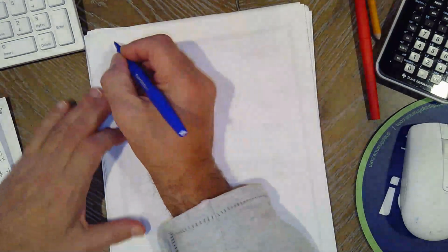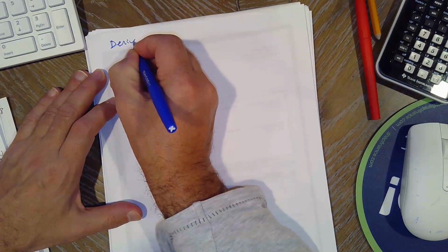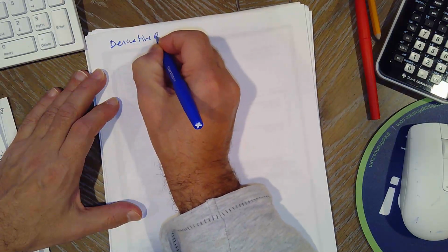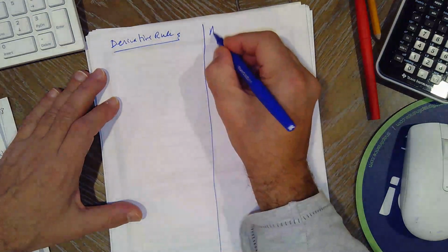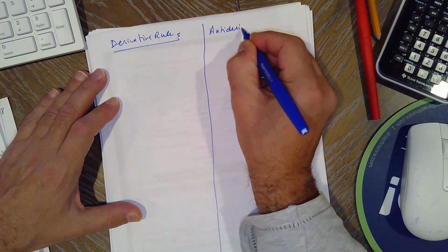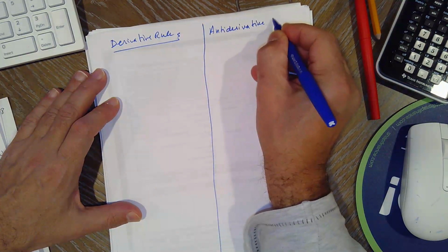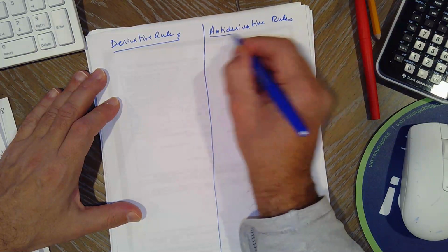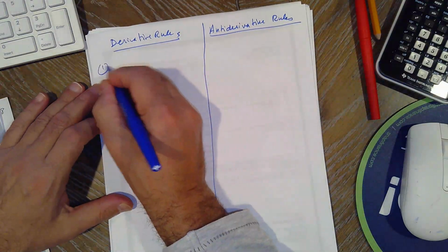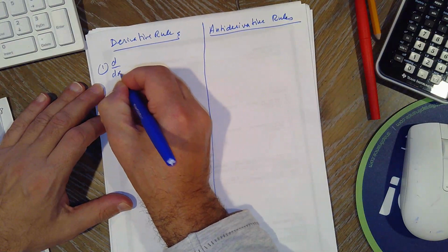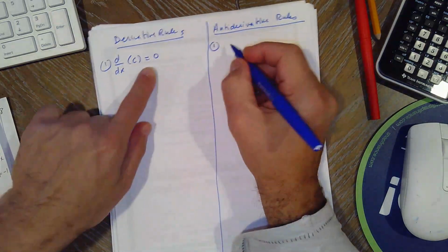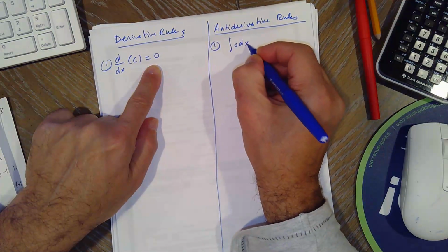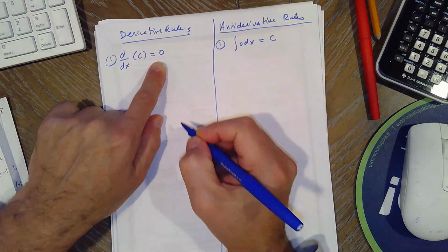So, derivative rules, antiderivative rules, or integration rules, okay? We know that the derivative of a constant is 0, so the antiderivative of 0 is a constant, okay?